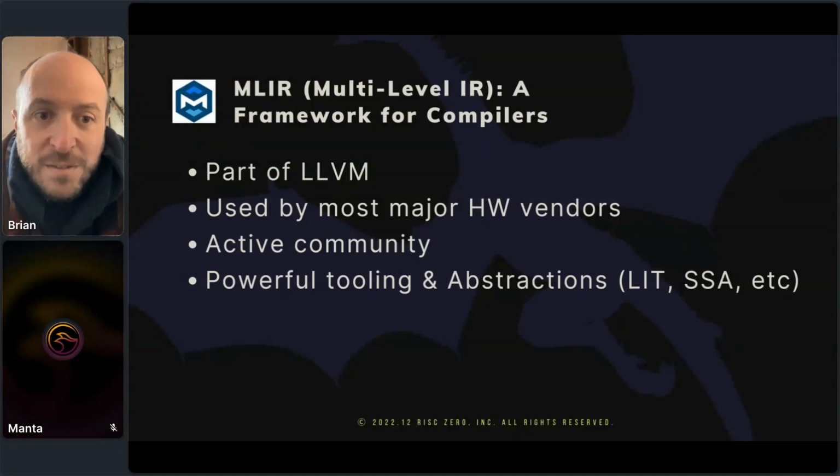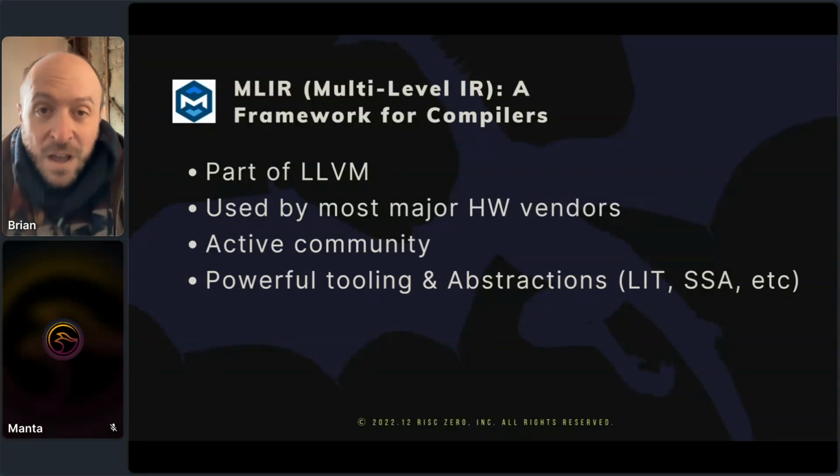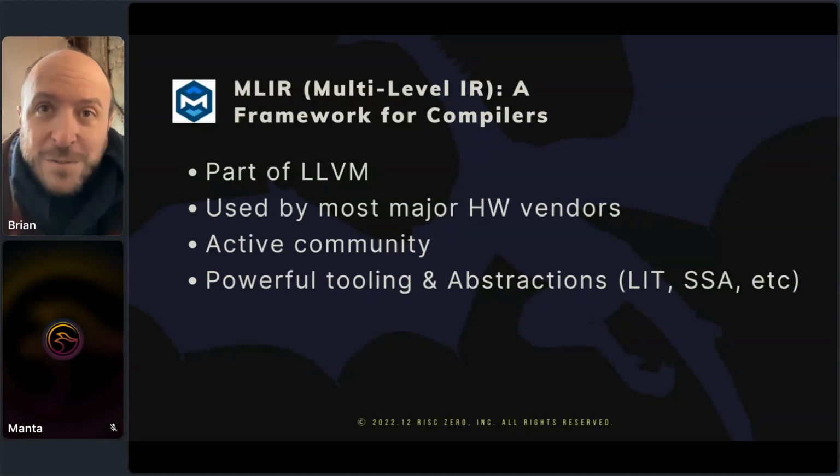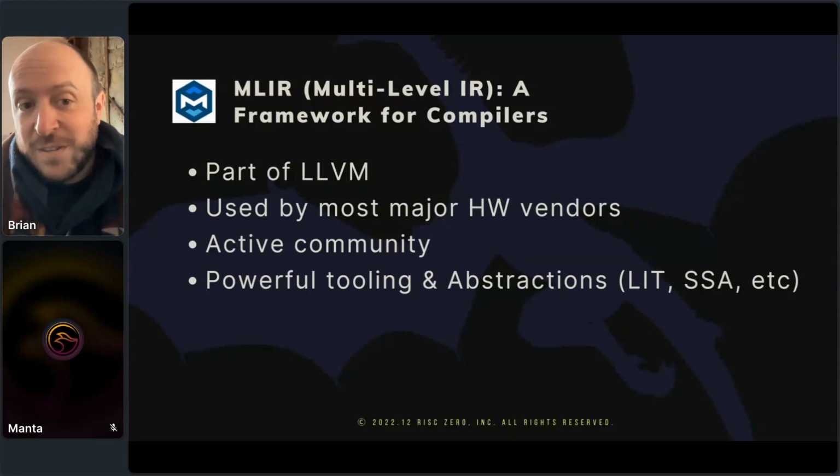I would say it's used by most major hardware vendors for their AI ASICs. It's actually used inside various other things like gaming consoles, networking chips, and a bunch of other things.